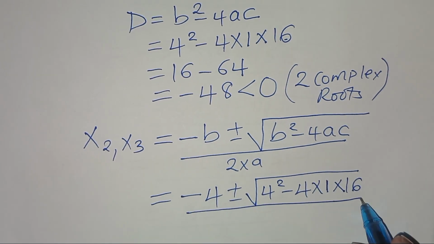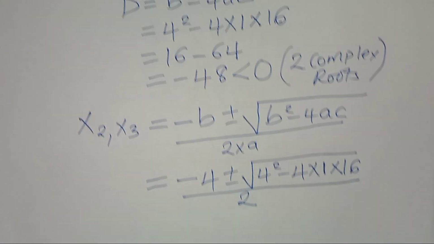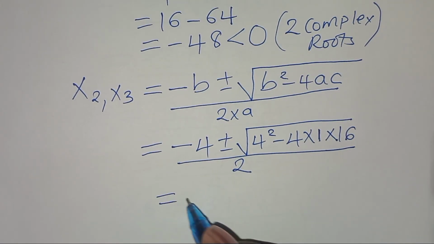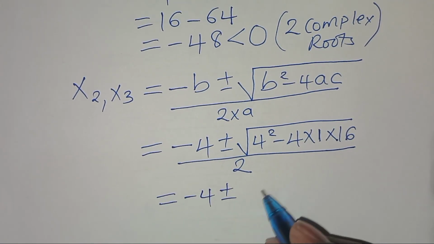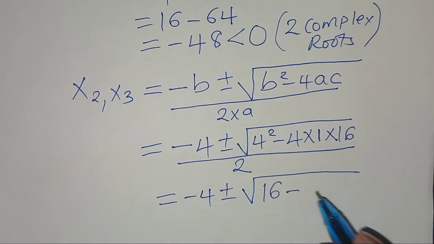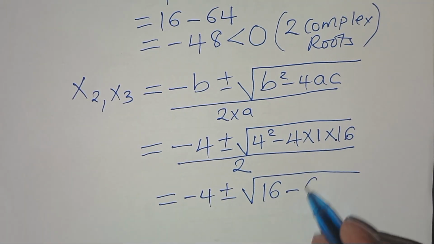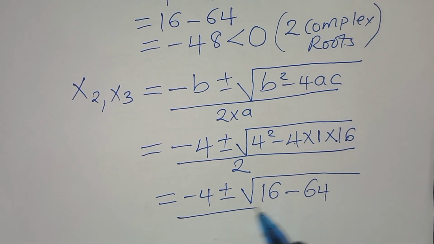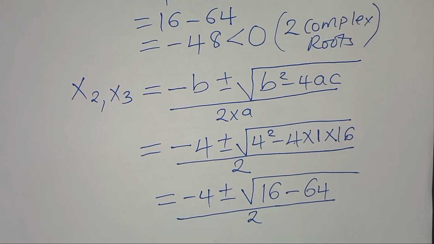All this divided by 2. So next here, we'll have negative 4 plus or minus the square root of 4 squared, which is 16, minus 16 times 4, this is 64. All this divided by 2.